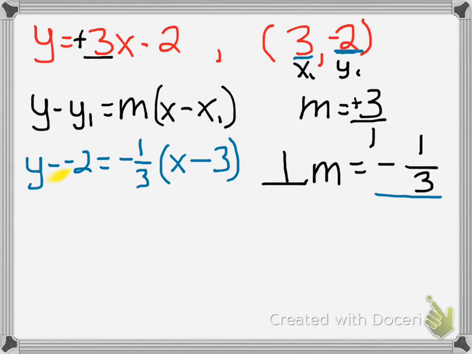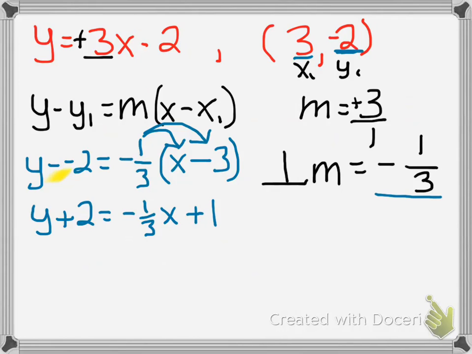Minus a negative, go ahead and change that to positive. If you got a minus and a negative, just put a plus sign there. So it's basically y plus 2. Now over here, same thing. I'm just going to distribute -1/3 times x, -1/3 x. -1/3 times -3 is +1.